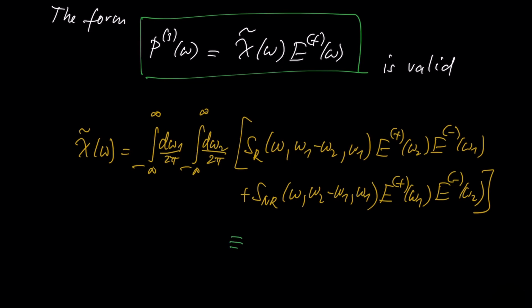This is the chi tilde omega with dependence on capital T and tau. And that's our measured signal.